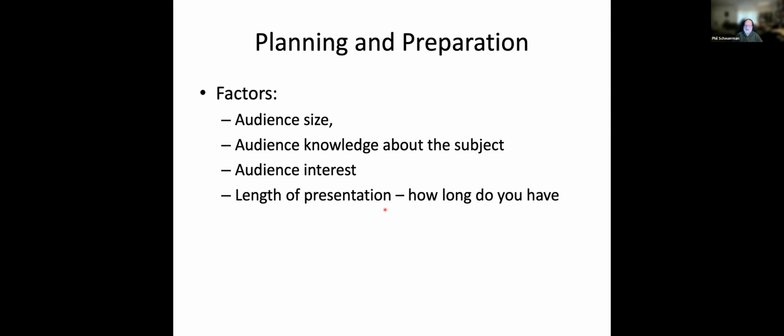You may want to take handouts, for example. What's the audience interest? Try to figure out why they're there and what they care about. Are they forced to be there because their boss told them to be there? Are they there because this is something that impacts them in their personal or professional lives? And then, how long do you have for your presentation?